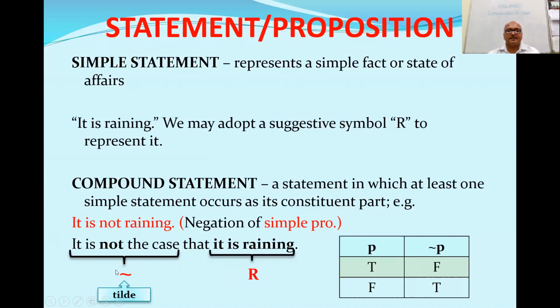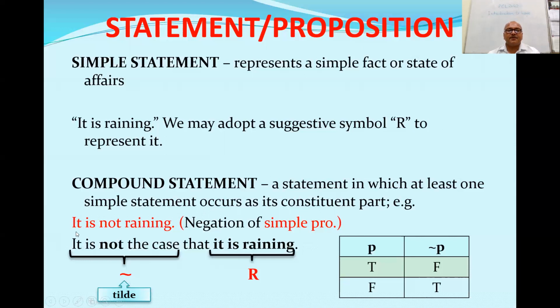And since there is something in addition to just a simple statement, it is not a simple statement, it is called a compound statement. And we will learn further that there are different forms of compound statement.